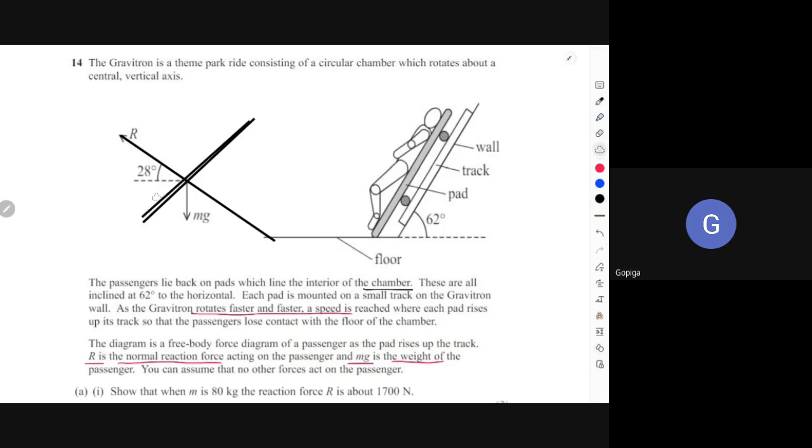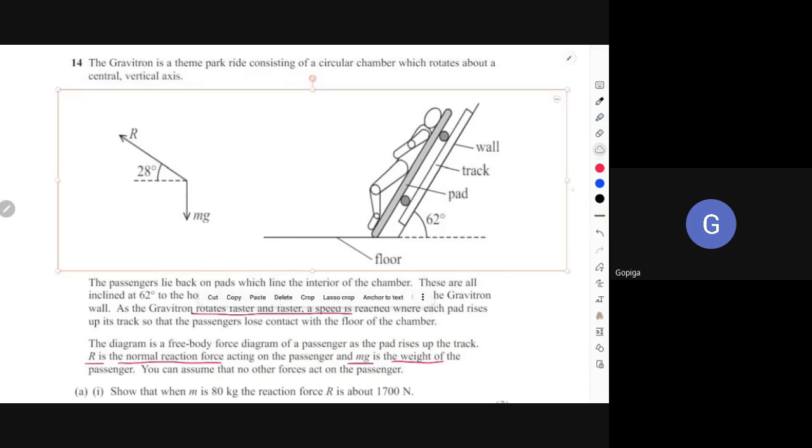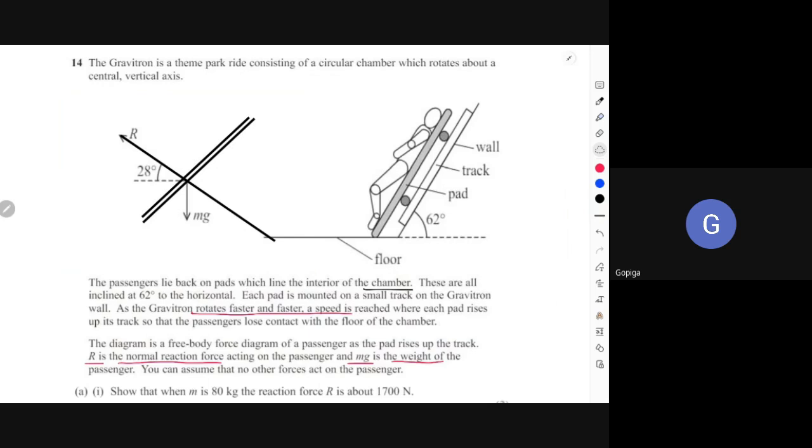I need to distribute the forces because I know eventually I would have to for the next parts of the question. Another thing to understand is how it is actually creating this 28 degrees. That is because if you add 28 with 62, it completes the entire 90 degrees. As you know, this angle over here was 62 degrees, right?